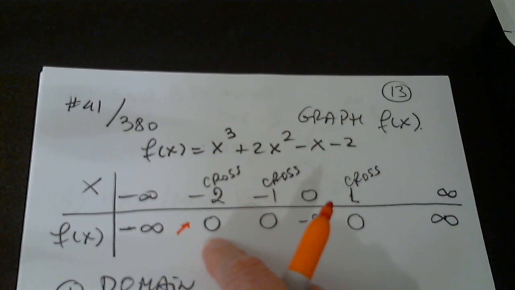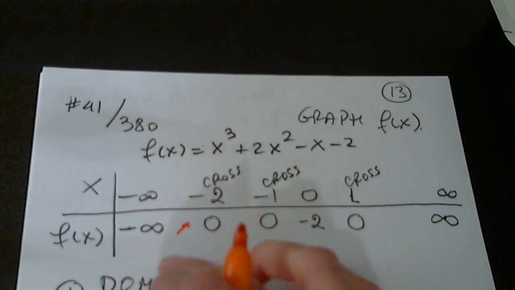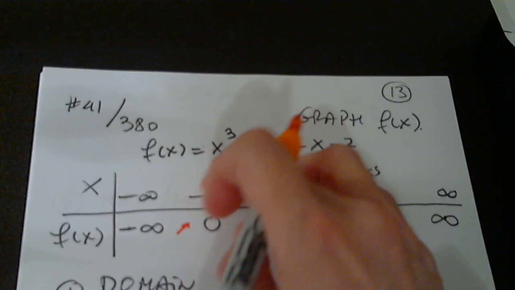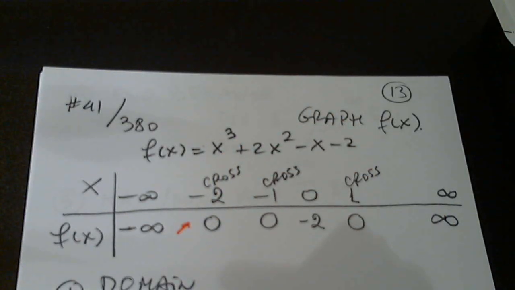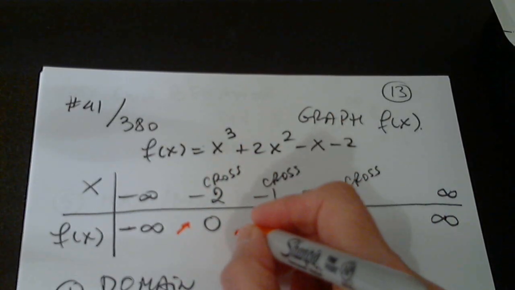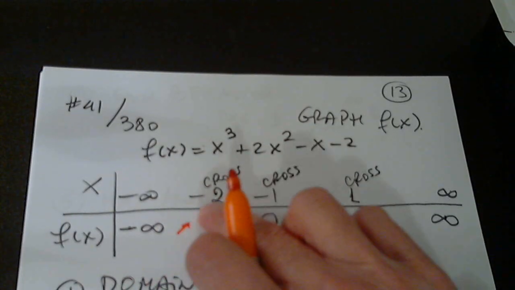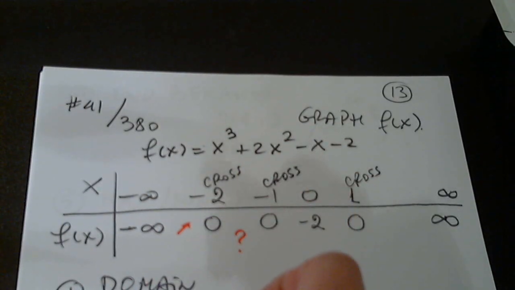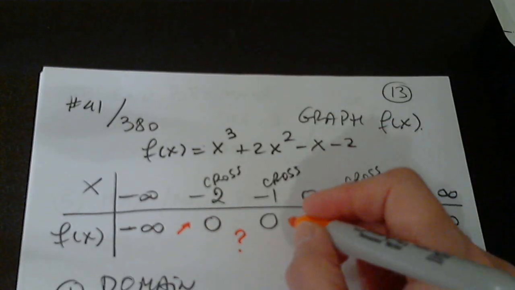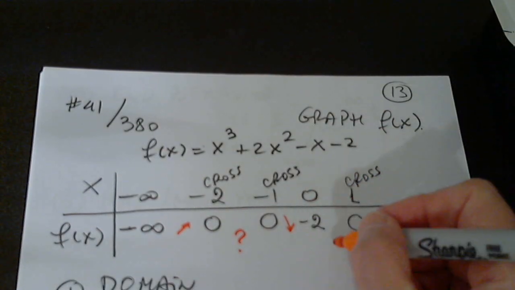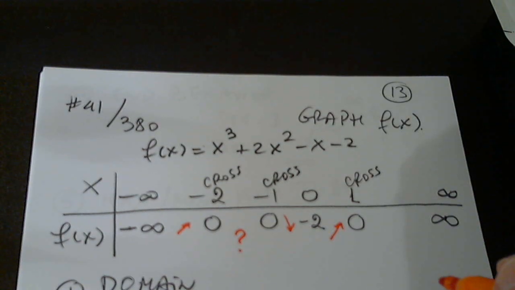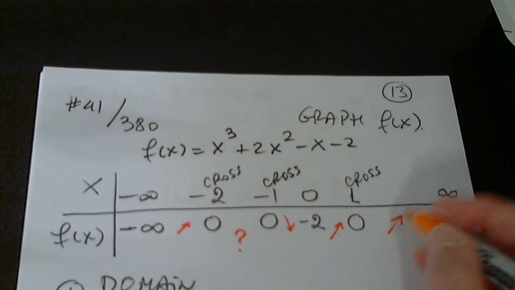It crosses the x-axis, and it has to come back and cross again. Then it's down to negative 2, and then up to 0, and then probably going to infinity.